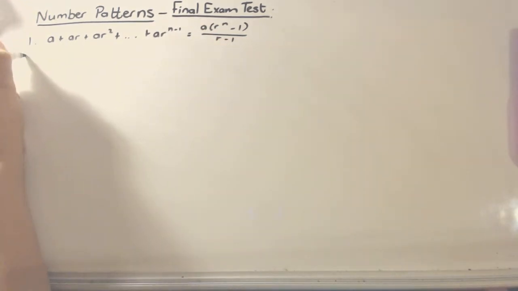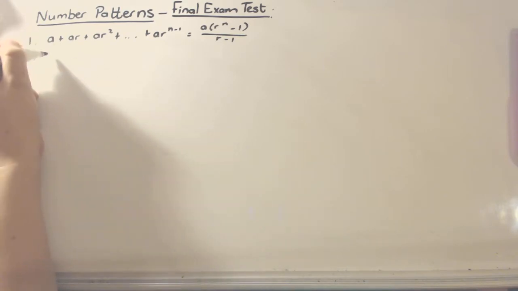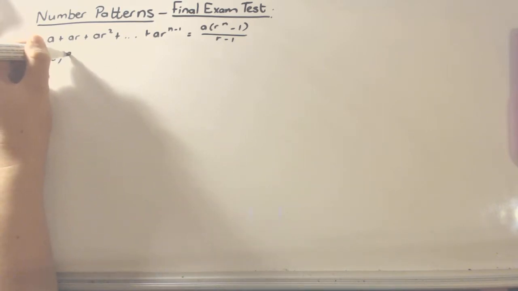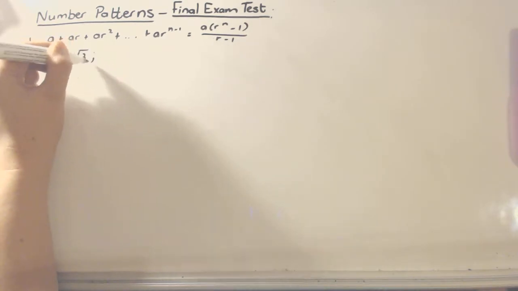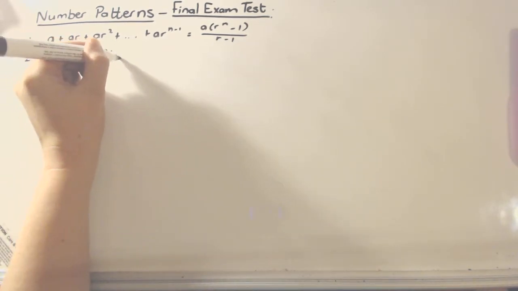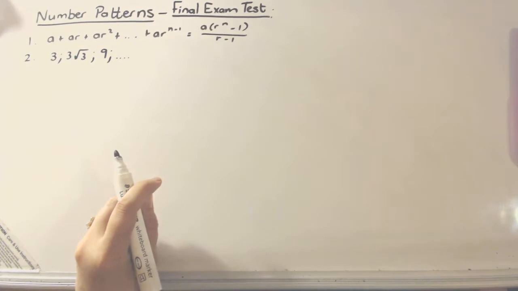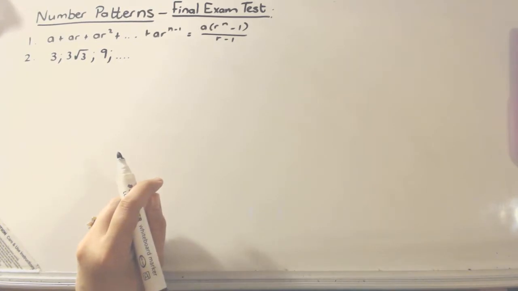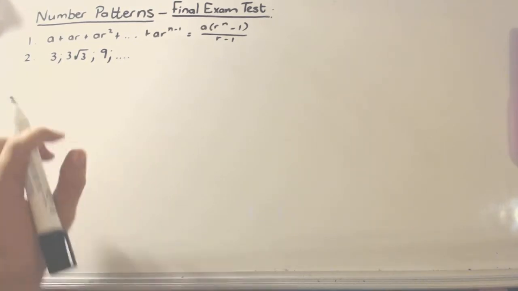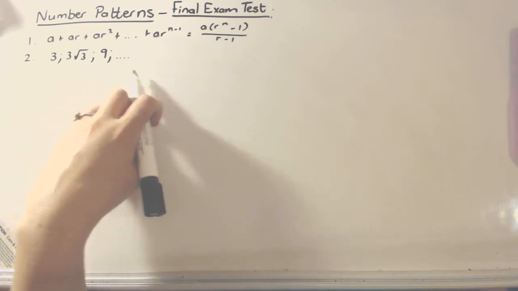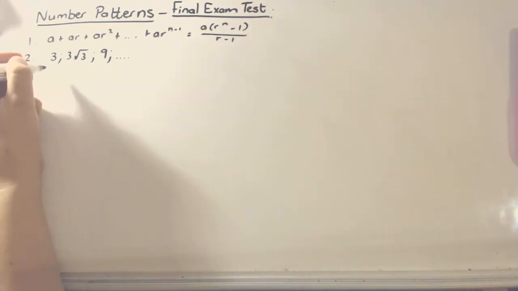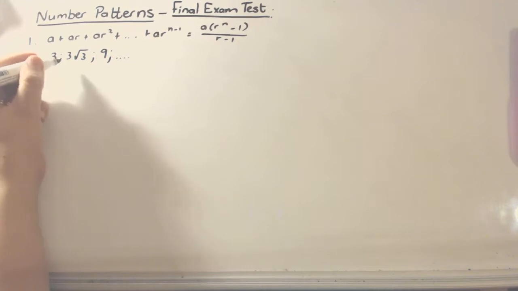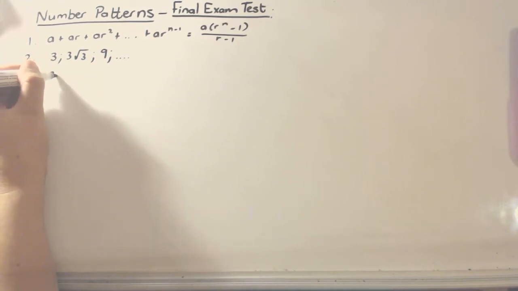The second question is calculate the 11th term of the sequence 3, 3 root 3, 9, etc. Now this looks like it's not a constant number added. It looks like it might be a multiplication problem. Let's quickly see.